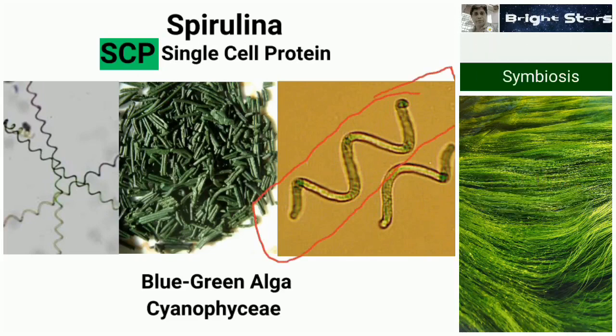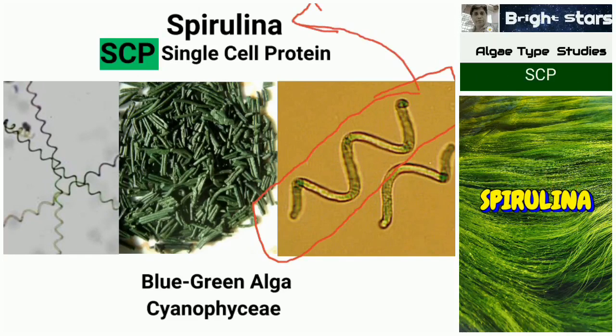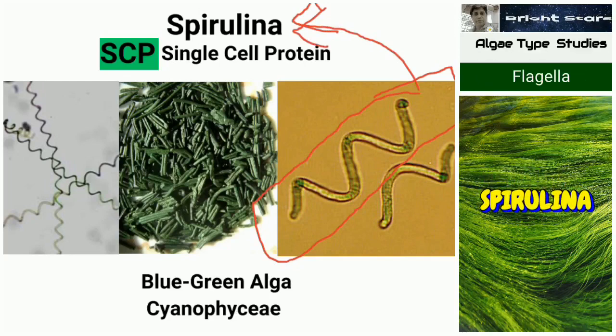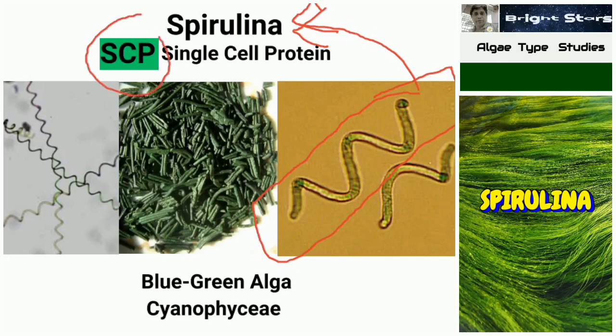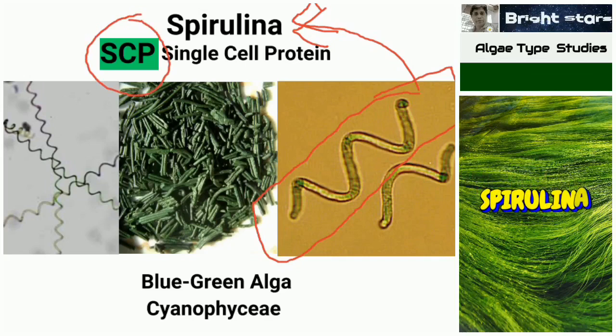This alga we can't see with the naked eye, but it can be seen under a microscope. So the name is also like that, Spirulina, a spiral shaped blue-green alga. Next, an abbreviation is given, that is SCP. S means single, C means cell, P means protein.